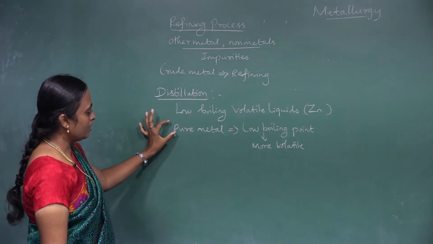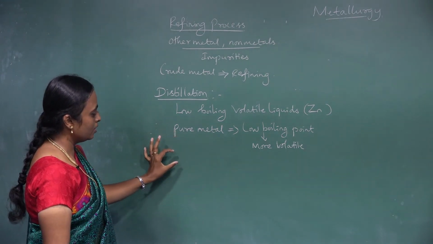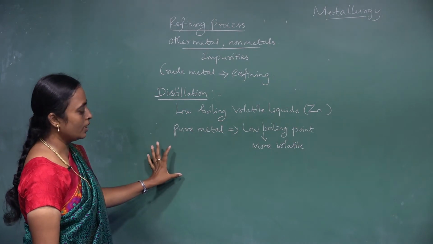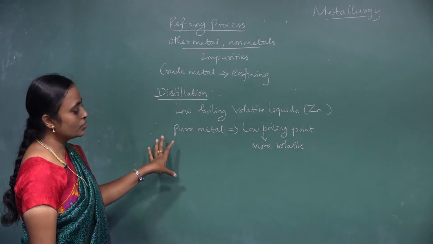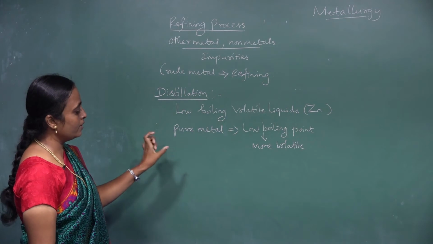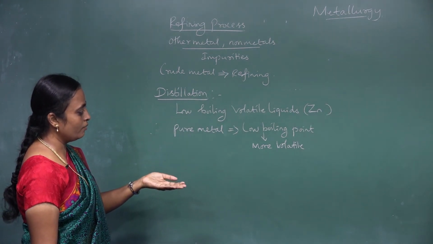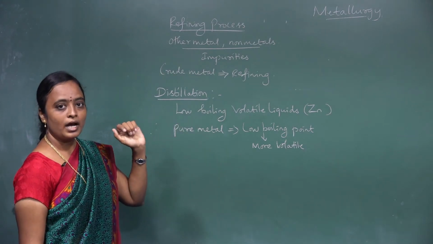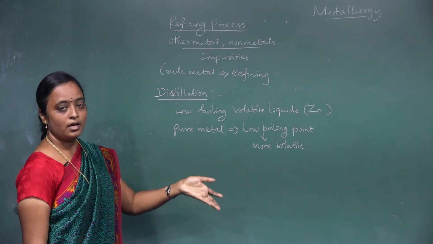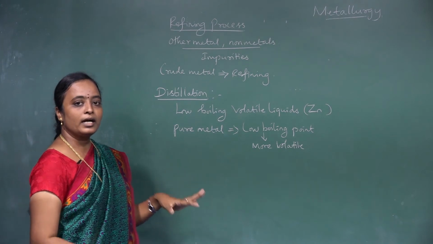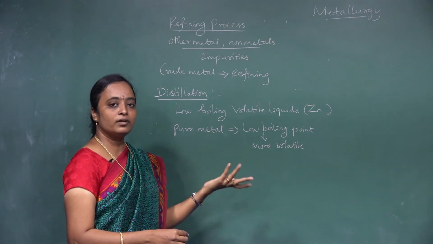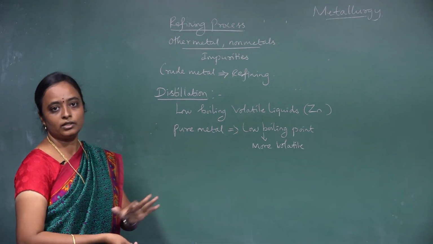So if I take a pure metal mixed with the impure metal and heat the mixture in liquid form, what happens? Slowly the pure metal vaporizes very easily and escapes, and you can condense those vapors and convert them into another form of liquid.